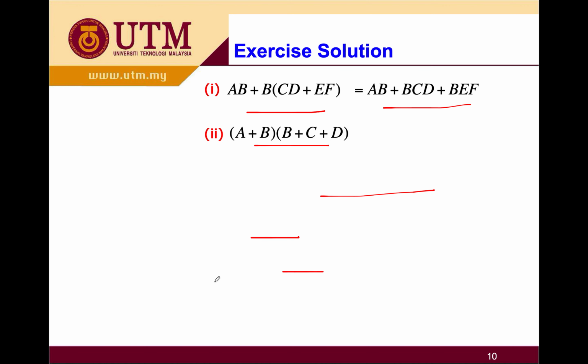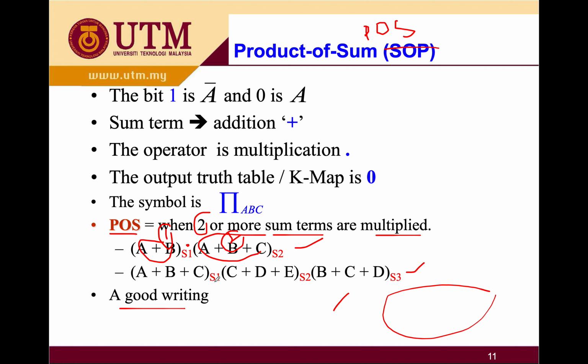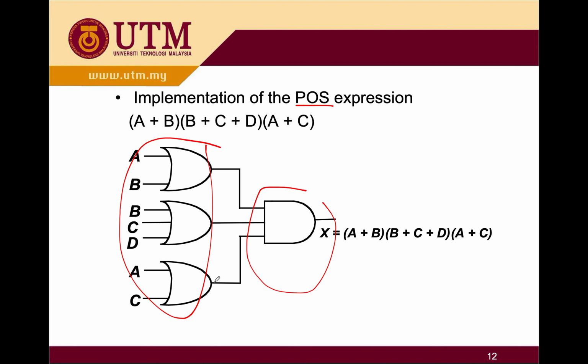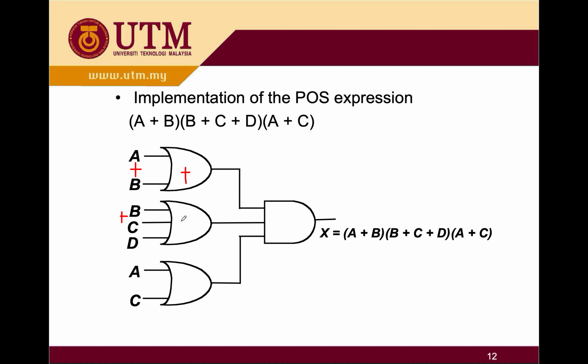But for POS, we do the adding process first, which is A plus B, B plus C plus D. So this one is all adding, and after you add, then you do a multiplication. It's easy to remember, right?